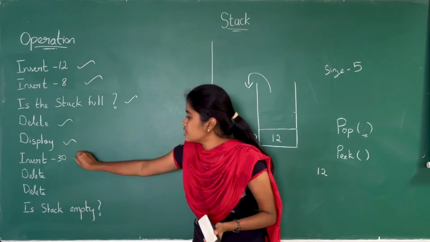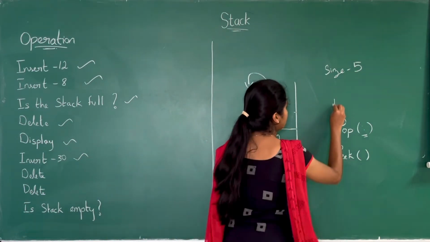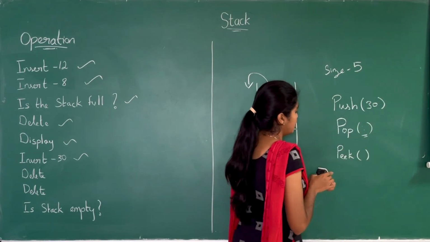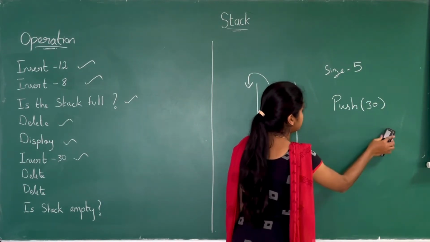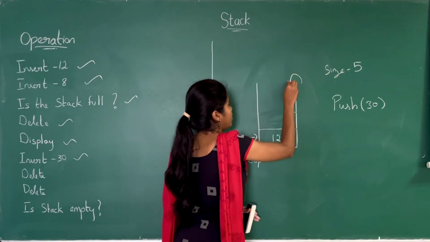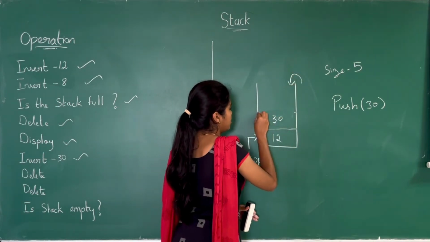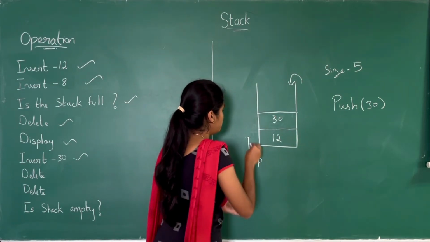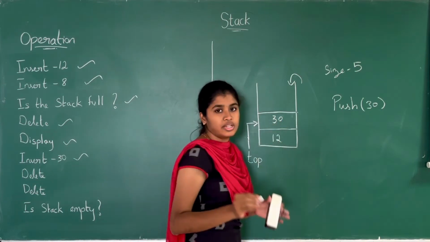Next is insert 30. It is a push function. We are going to push 30. Now again this top pointer will point to this element 30.